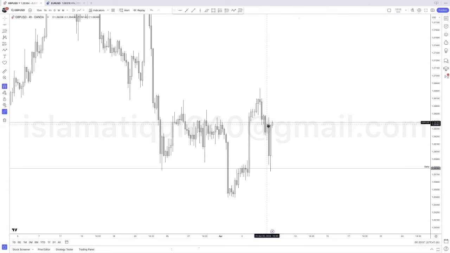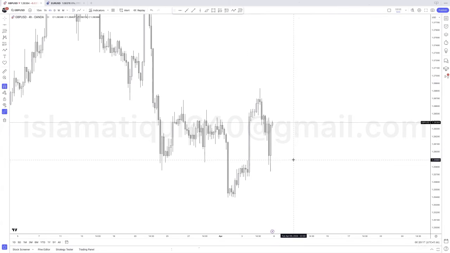So if the line chart breaks as a result of a higher time frame rejection, this is valid. Just line chart breaks are not valid, but if it has happened as a result of a higher time frame rejection, it is valid.